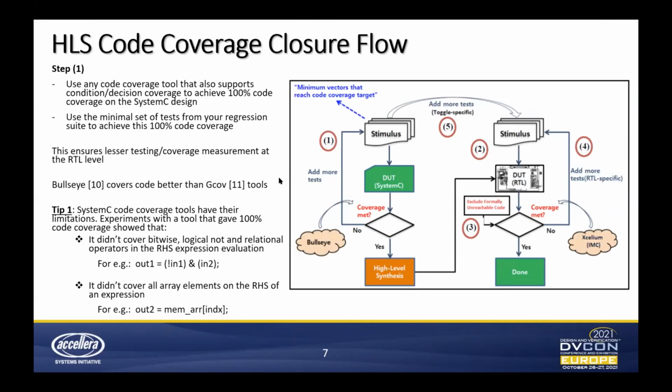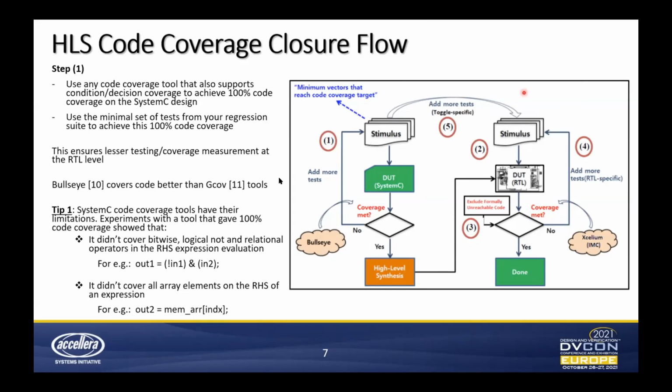If one closes coverage at the SystemC level, then there's no support for things like toggle coverage, FSM coverage, etc. And completely closing code coverage at the RTL level would increase the turnaround time in rapidly respinning designs using HLS. Hence, we devised an approach which is an optimal mix of code coverage measurement that spans both SystemC and RTL levels to achieve code coverage closure.